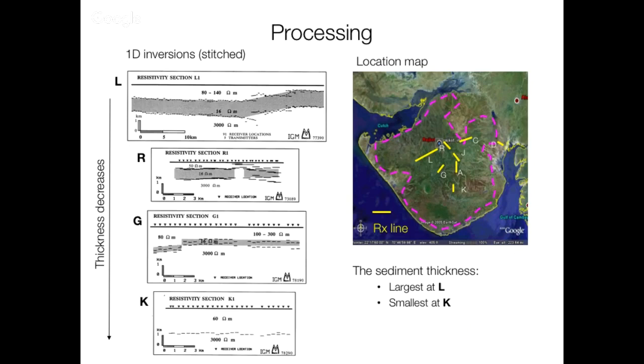G is somewhat thinner sediments, and by the time you get down to K, it's like that. The upshot is that from these measurements the sediments are actually thinning as you go towards the south, which interestingly was exactly the opposite of what people had thought. People thought the sediments should increase in thickness as you go this way. I think that's one of the major things to come out of this, being able to map the thickness of those.